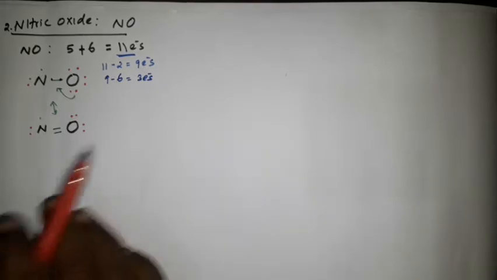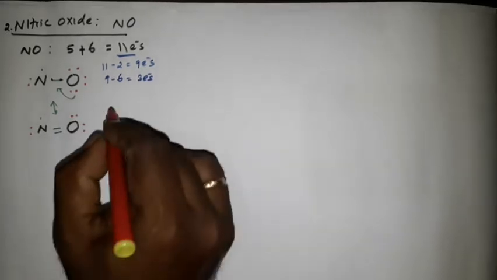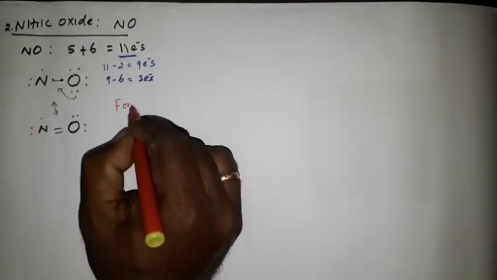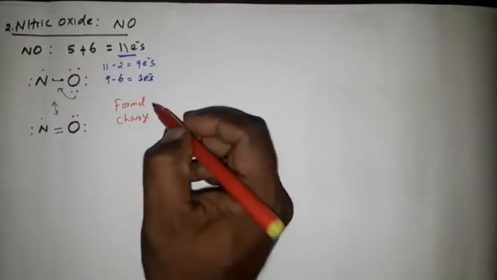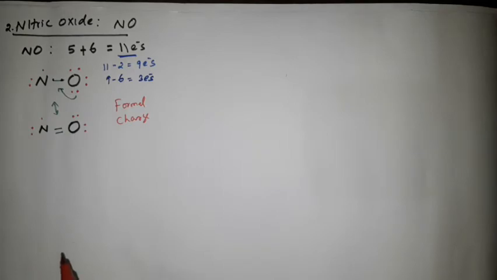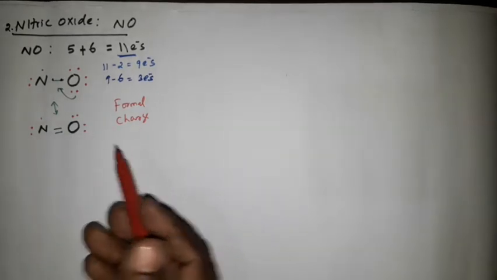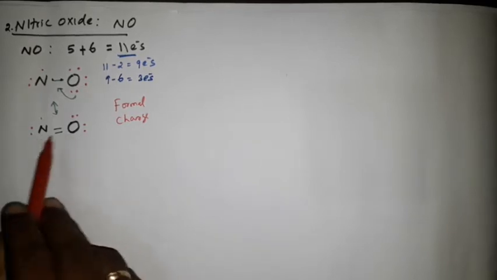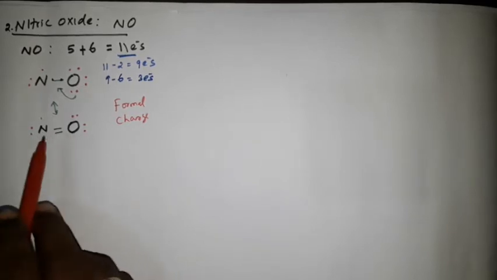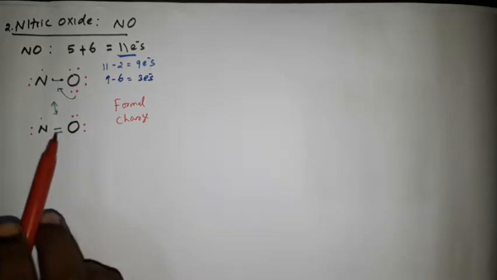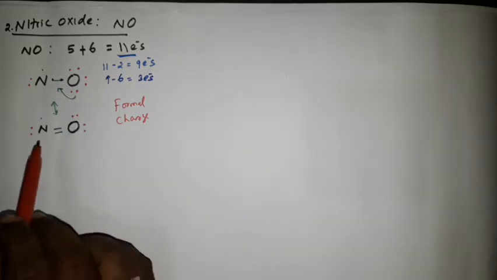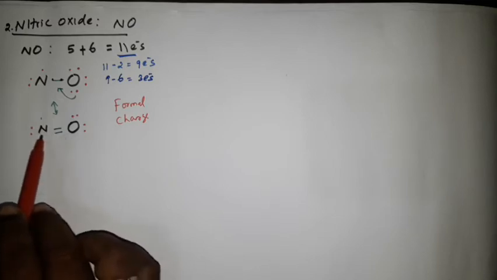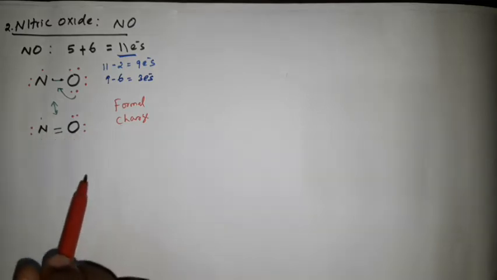How are we checking the correct structure? Calculate the formal charge. You studied formal charge in class 11. You check how to calculate the formal charge. If you calculate for all the atoms, the charge must come 0, then it is said to be a correct structure. See, this is the correct structure according to the formal charge.